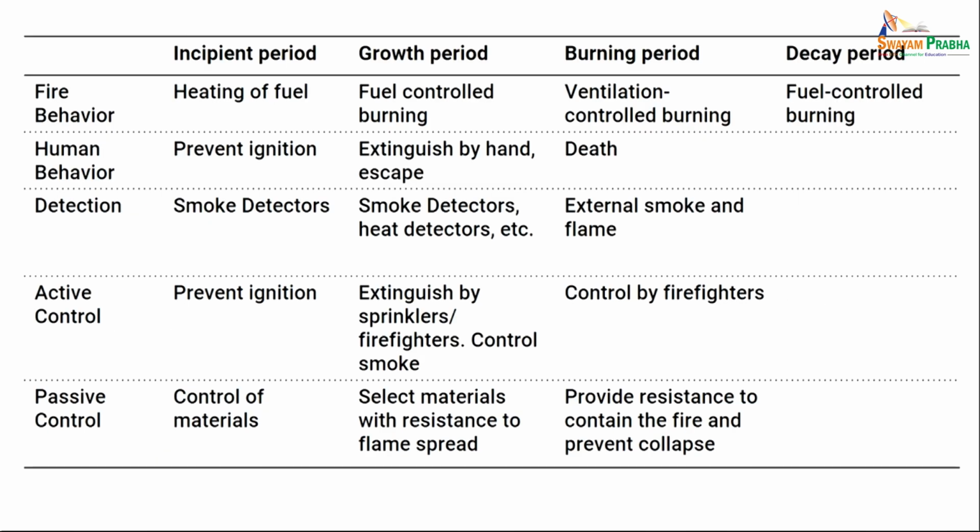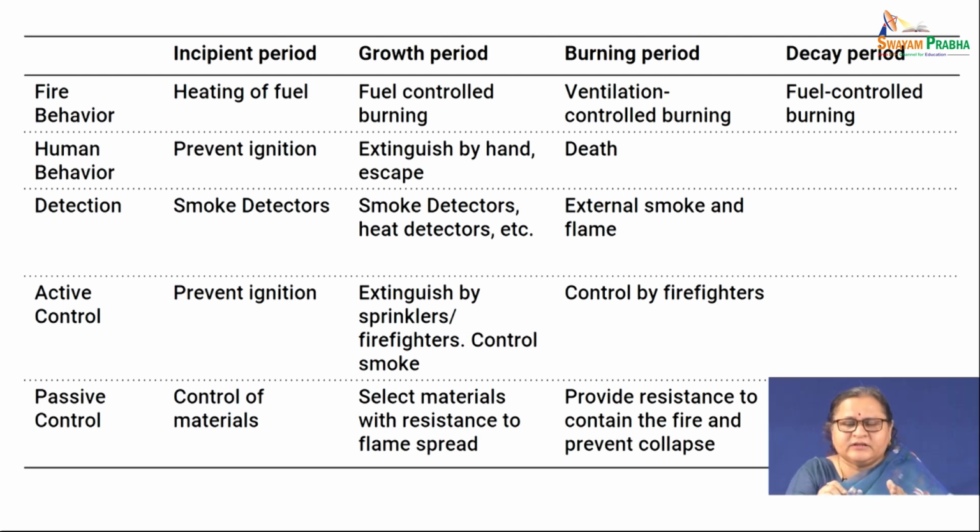So, if we see the fire behavior: heating of the fuel, fuel controlled burning, ventilation controlled burning, and fuel controlled burning again in the decay period. So, we have put in the 4 stages for the fire behavior.